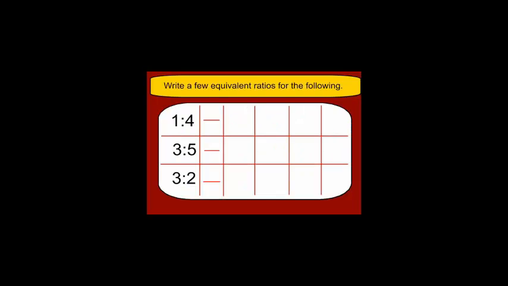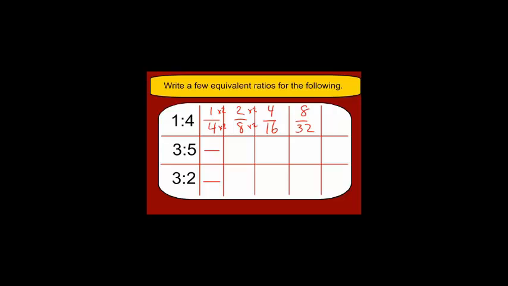So here we have a ratio of 1 to 4, and I'm going to write that as a fraction, 1 to 4. So if you were asked to write some equivalent ratios, a real easy way to do it, if I just double the numerator and denominator, 2 to 8 would be an equivalent ratio. I could double them again, 4 to 16. I could double them again, 8 to 32.